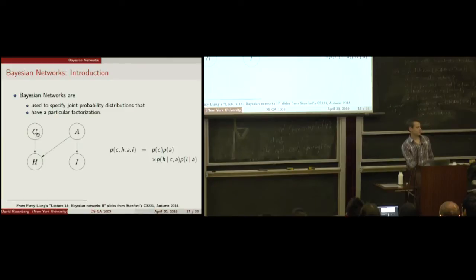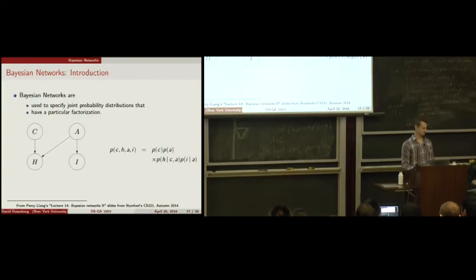So the probability of C is written without any conditioning. Probability of A, the same way. The probability of H given C and A is a factor because H has the parents C and A. And similarly, I has a parent A, so there's a factor for that. So I've made no claims. I've only told you so far that there's a way to translate this picture into this factorization.